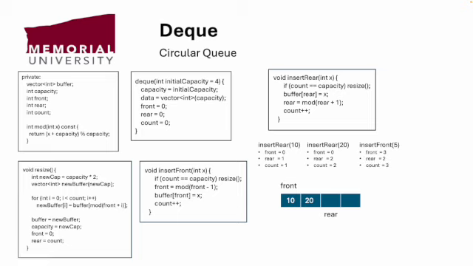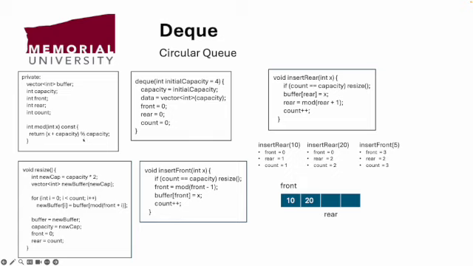Okay, let's do the insert front, for example, insert 5. We're doing insert here. So the count is 3, it's not equal to 4. The capacity is 4. We don't resize. Front equals mod of front 0 minus 1. It's minus 1 passed over to this function.